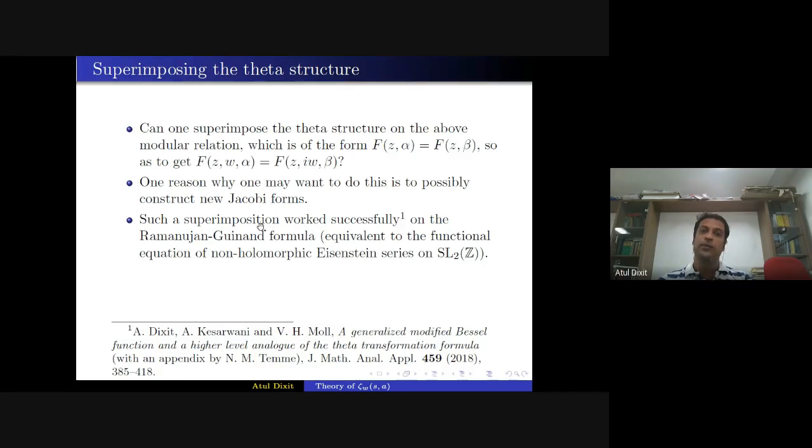Such a superimposition worked successfully in the case of the Ramanujan-Guinand formula. I'll explain on the next slide what the Ramanujan-Guinand formula is, but it is something which is equivalent to the functional equation of non-holomorphic Eisenstein series on the full modular group. Let me define sigma sub minus z of n as the sum of d to the minus z, where d runs over all divisors of n.